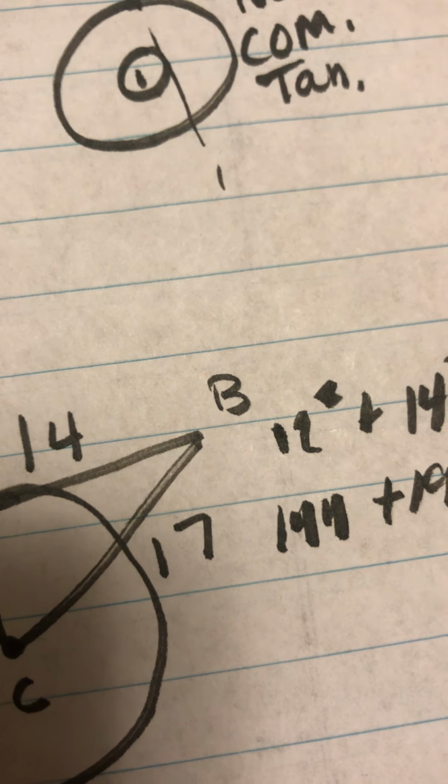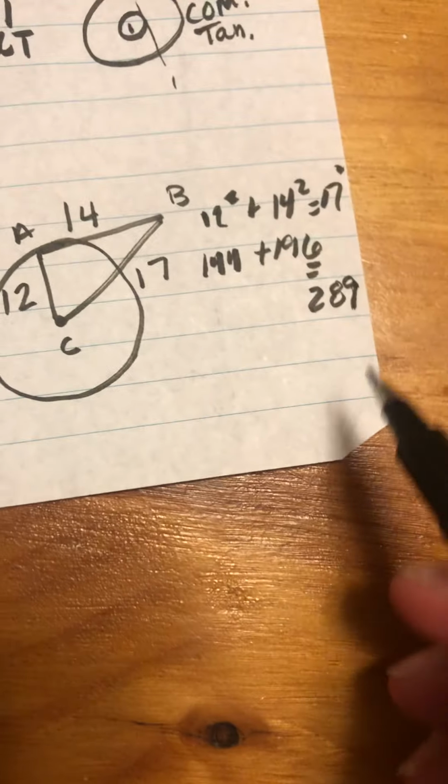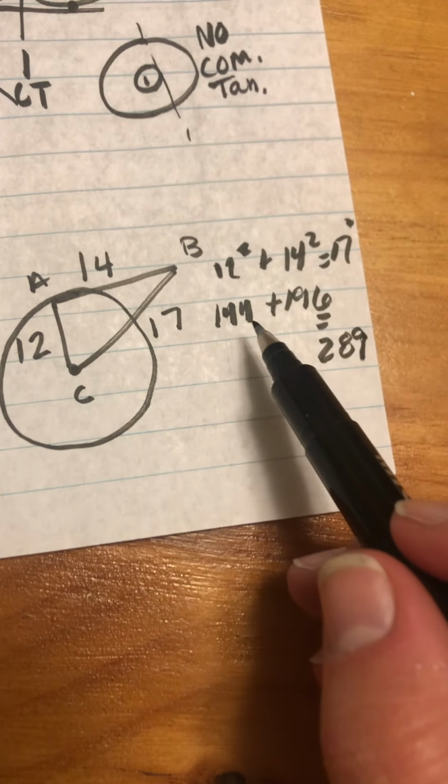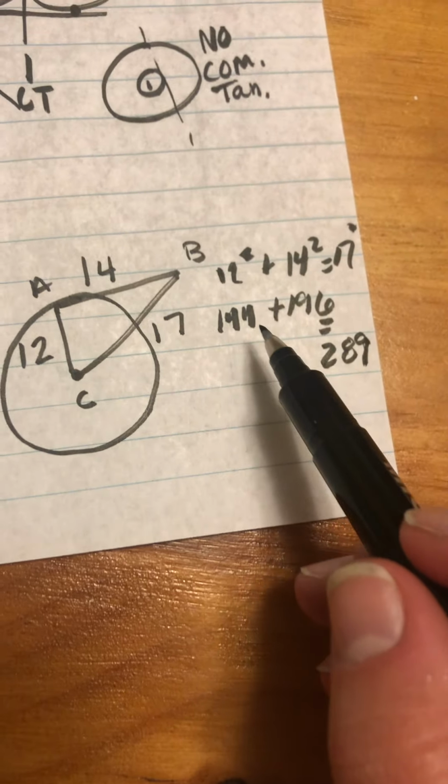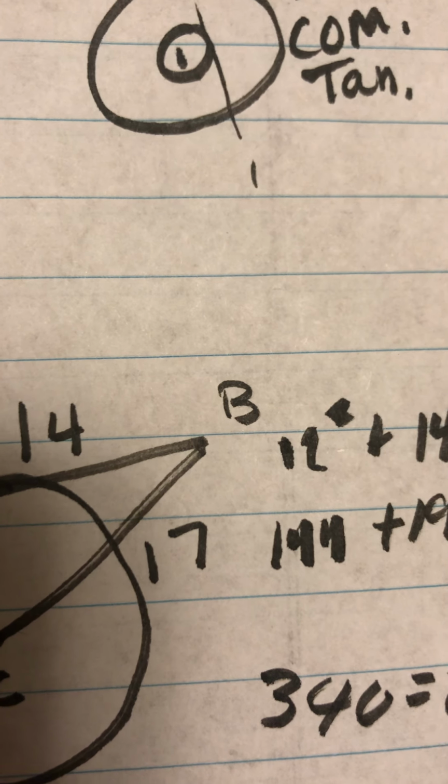We want to know, is that equal to 17 squared? So we would have 144 plus 196. Is that going to be equal to 289? When I add the 144 and the 196, I get 340 equals 289.